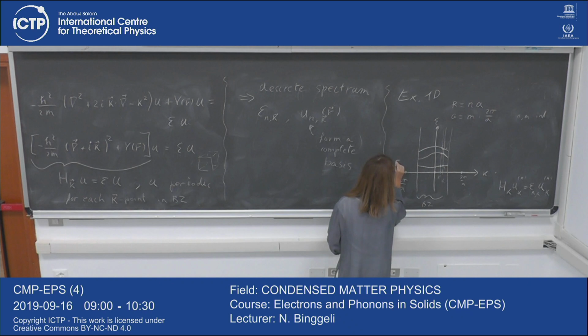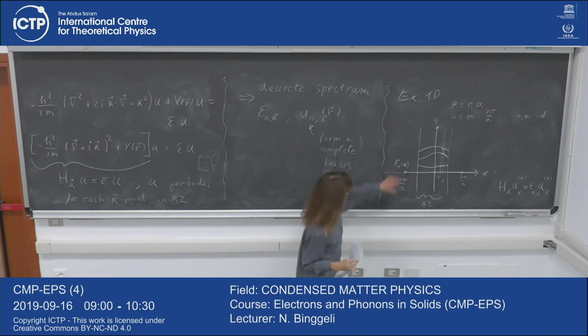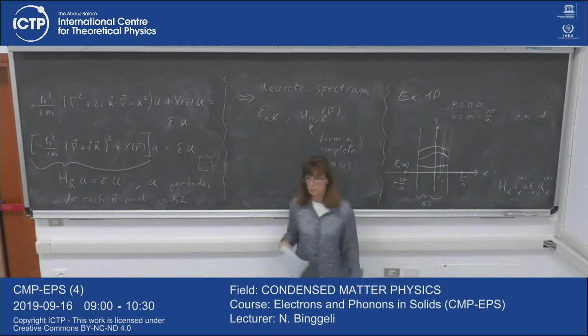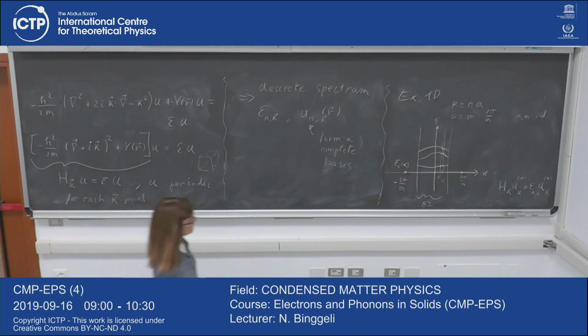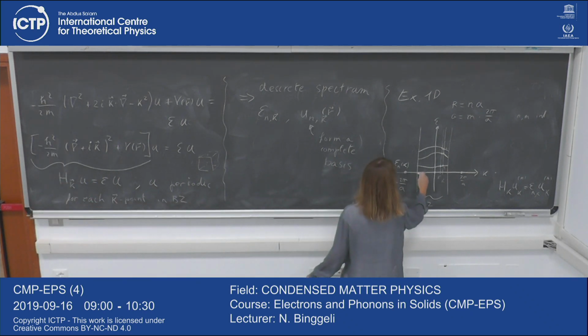I'm going to obtain some epsilon n of K, which gives me a band, which we'll call a band. And the ensemble of this epsilon n of K is going to be what we call a band structure.